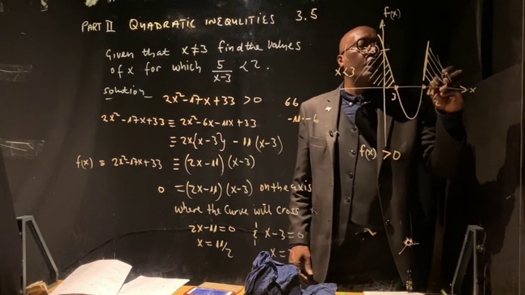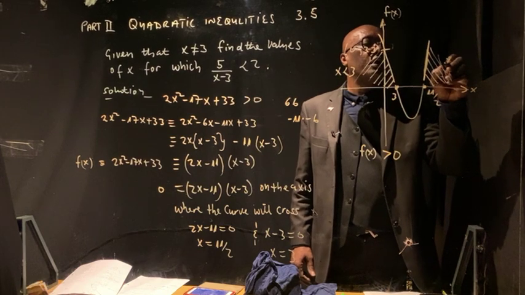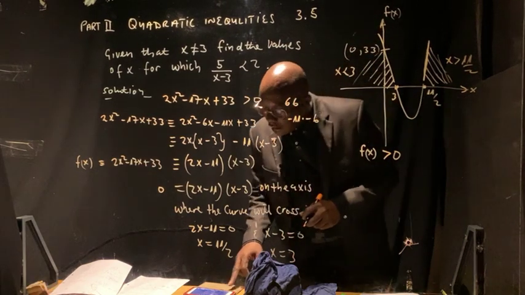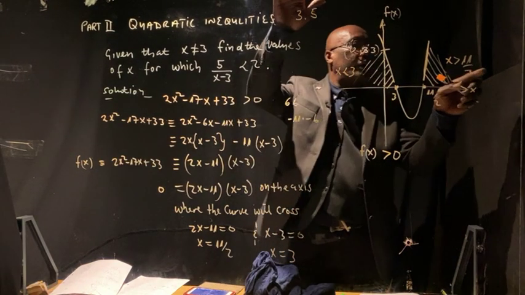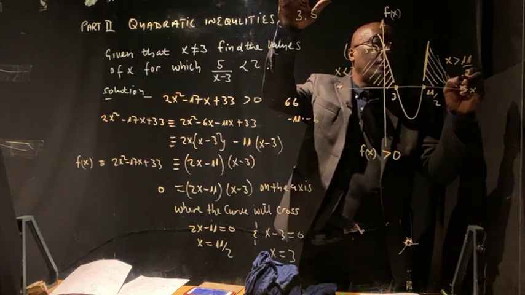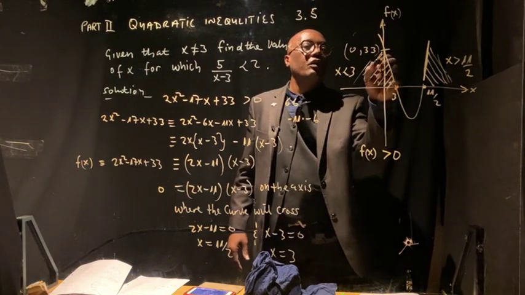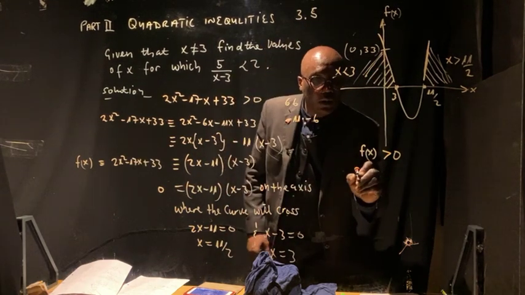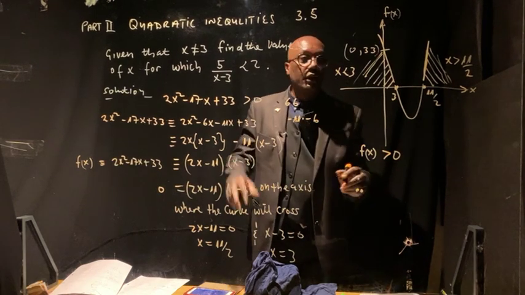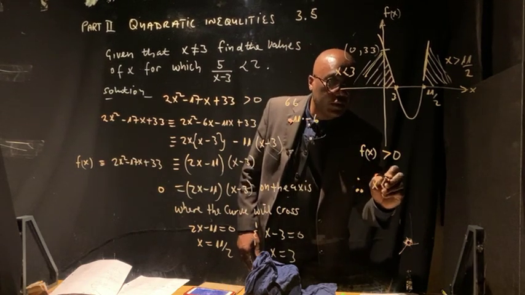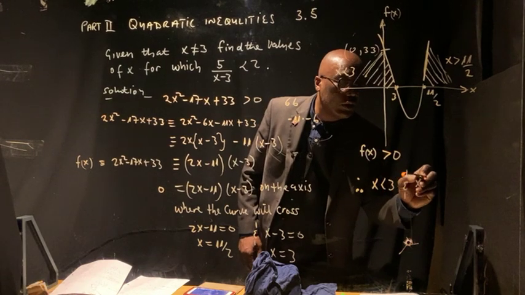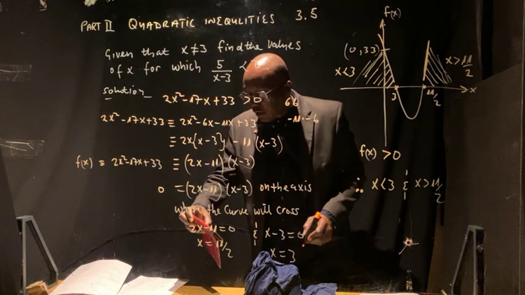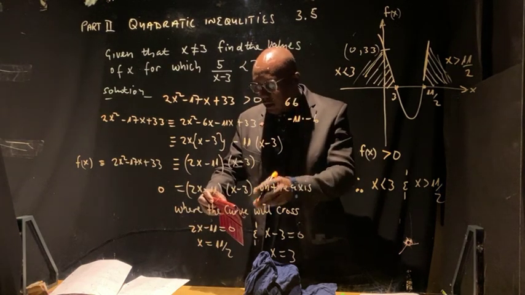And from this section going, x is greater than 11 over 2. Can you see it? So, this is the inequality. Therefore, the requested inequality is x less than 3 and x greater than 11 over 2. You can see it on the screen.